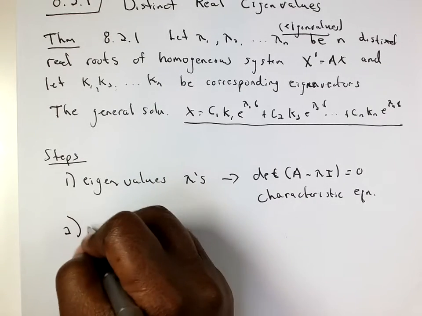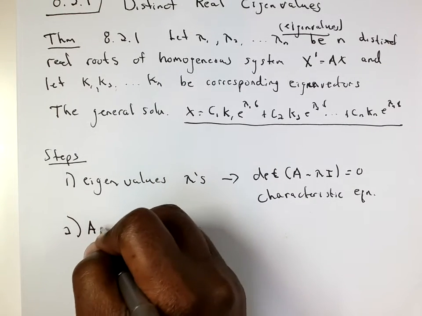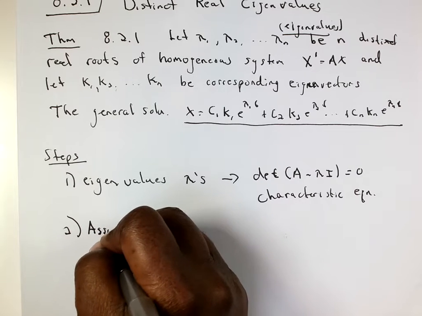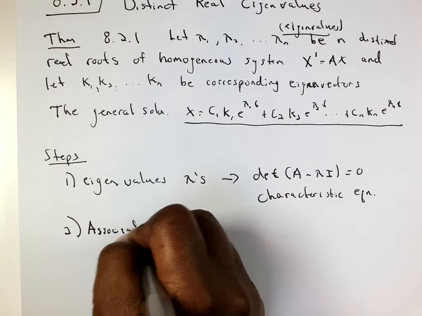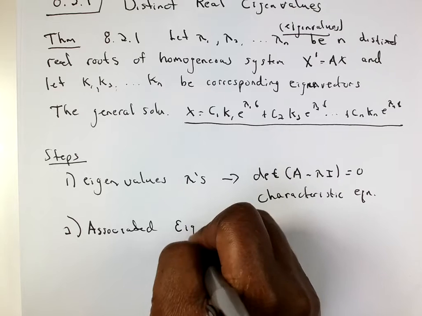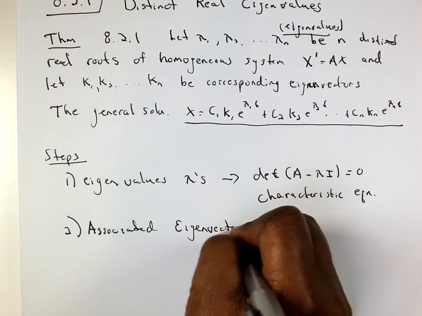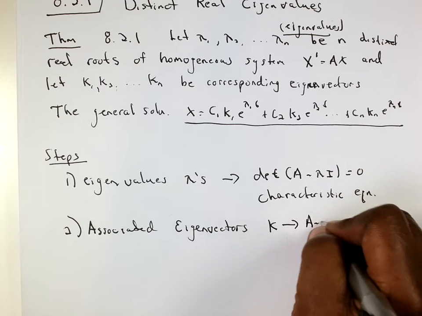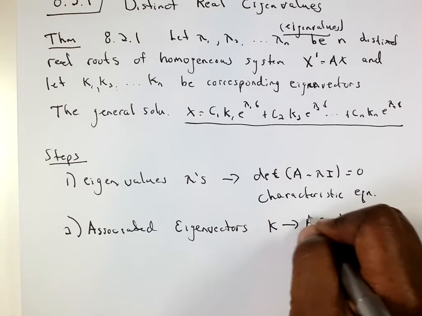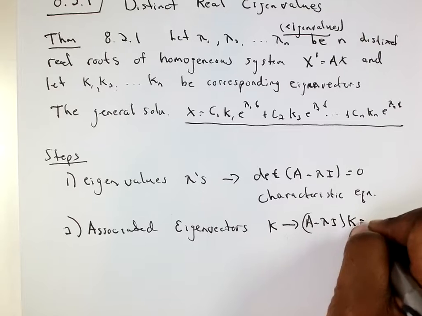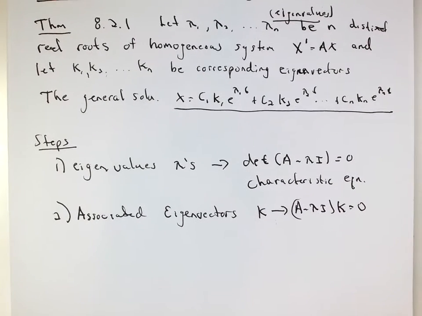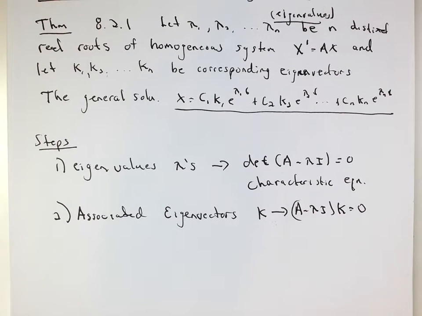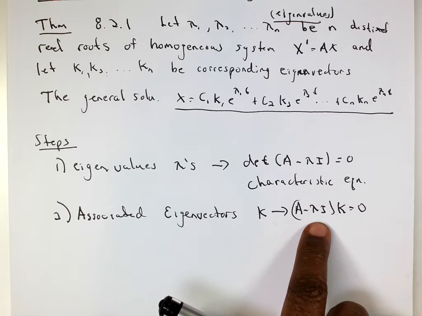The second step is to find the associated eigenvectors. So we have to find the vectors k, the kn's, and we're going to find that because it's A minus lambda I, right?